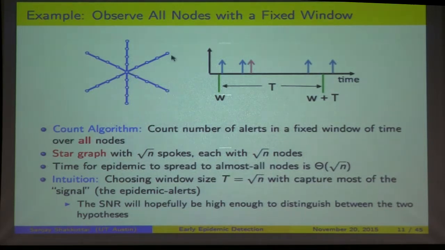It's root n hops. So if you do believe there's an epidemic, the expected amount of time for the edge nodes to get infected will be of order root n. So if indeed at time 0 the source node was infected, then by time of order root n, most of the nodes will be infected. Not all, because there are some tail probability events, but we ignore that.